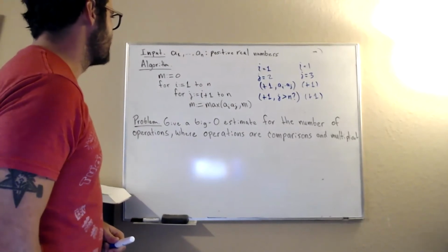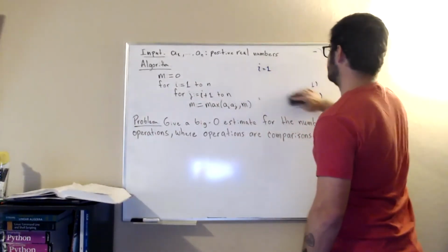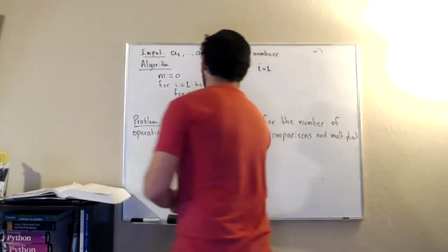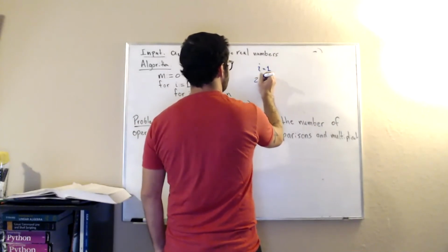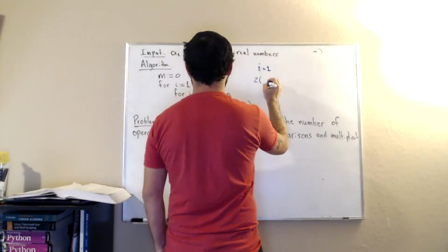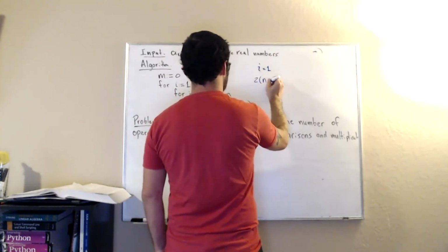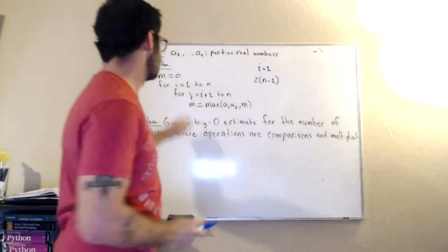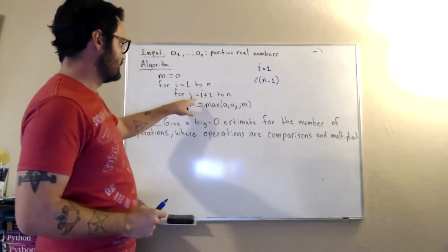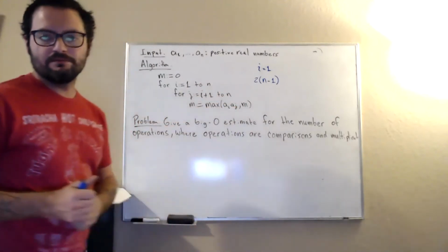So when I is equal to 1, we're going to have 2 times n minus 1 operations, since J goes from 2 to n, which is n minus 1.